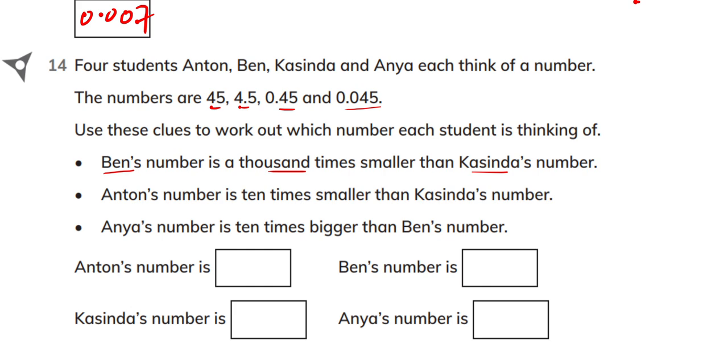If Ben's number is 1000 times smaller, then Cashinda's number divided by 1000 gives Ben's number.